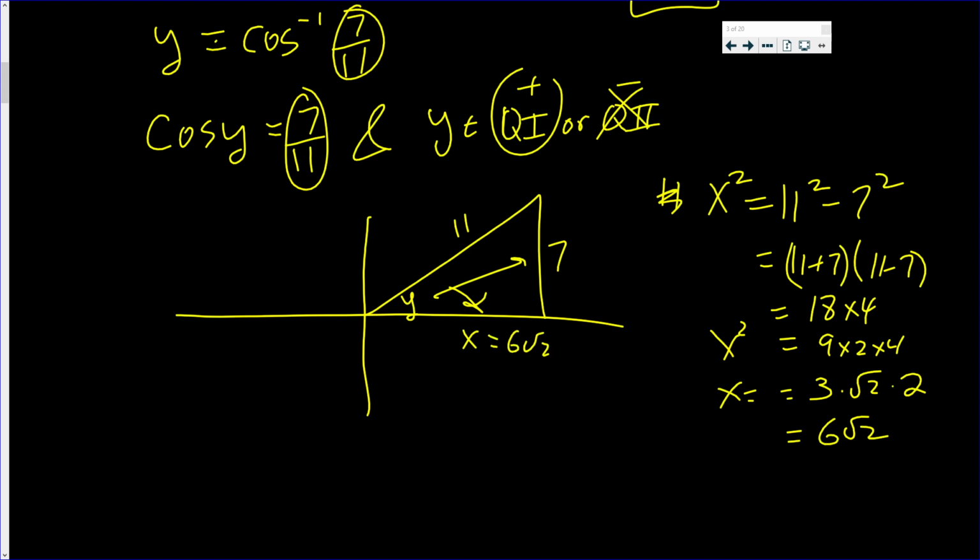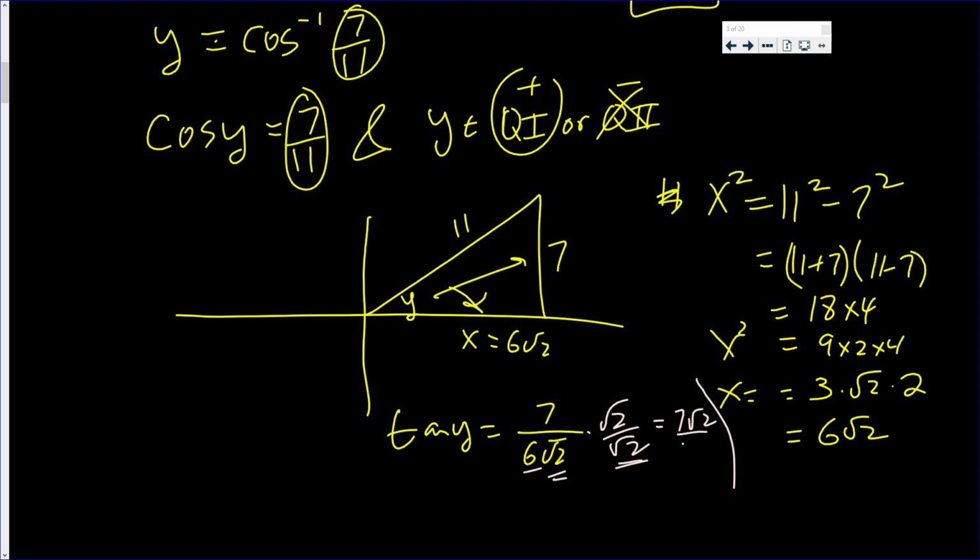And the tangent of this angle, the tangent of y, is opposite over adjacent. If you want to rationalize this, you multiply numerator and denominator by square root of 2, and you get 7 square root of 2 on top. Square root of 2 times square root of 2 by design has no more square root sign. 2 times 6 is 12.